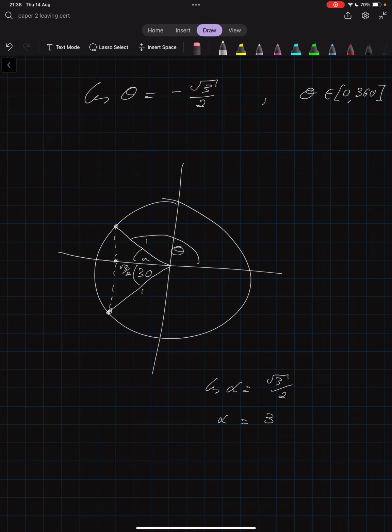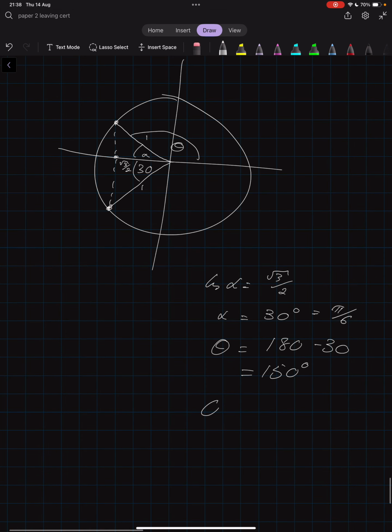Alpha then will give you 30 degrees, which is pi over 6. So in this case, theta is going to be 180 minus 30, which is 150. But theta could also be equal to 180 plus 30. So for this point and this point, you can have 150 degrees or 210.